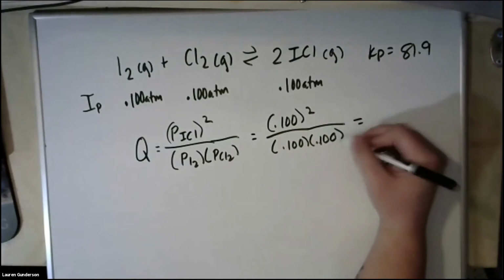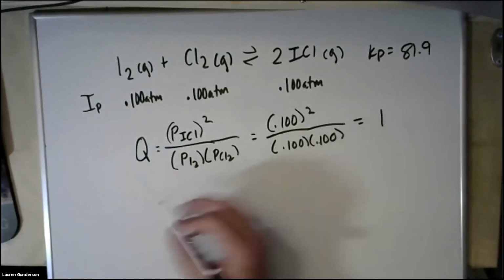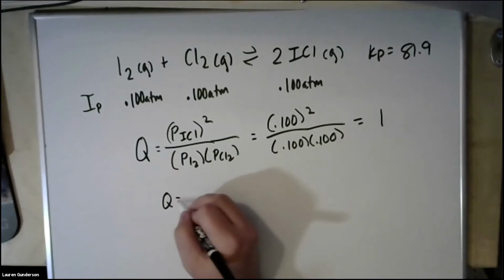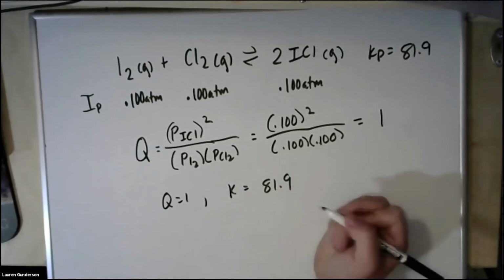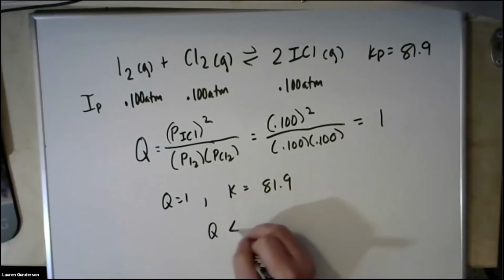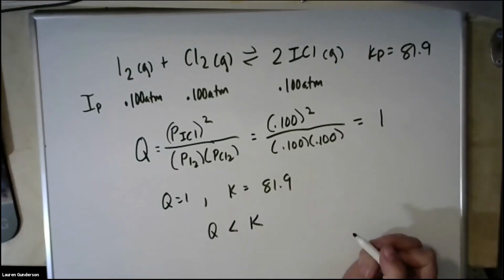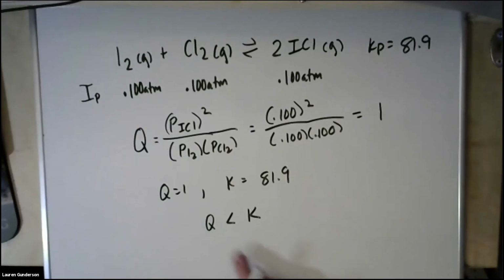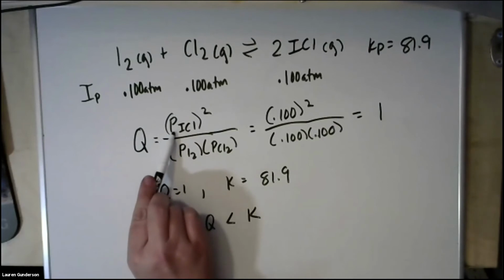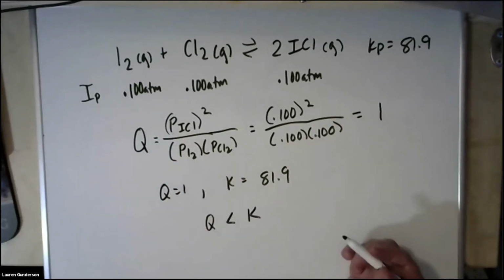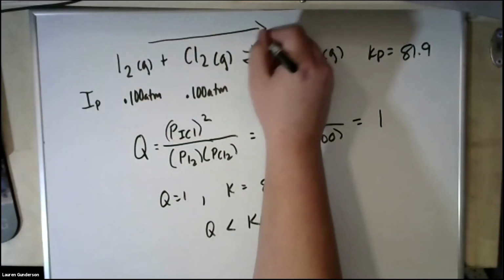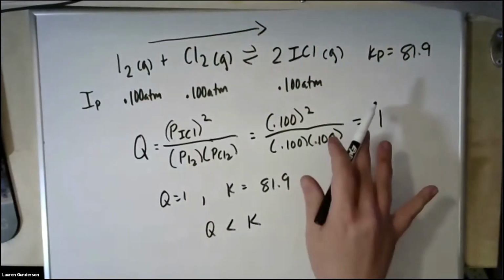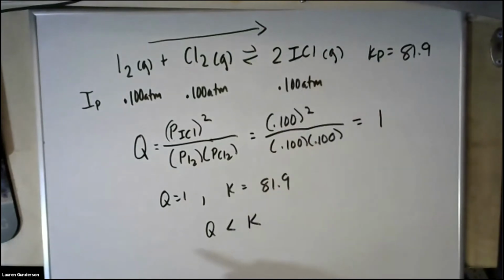So we see here that in this case, Q is equal to 1. So if Q equals 1 and K equals 81.9, that means that Q is less than K. And remember, when Q is less than K, we're going to try to create more product so we can raise the value of Q. So our reaction is going to proceed in the forward direction towards the creation of more product.